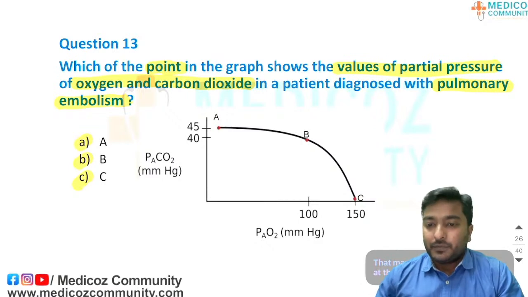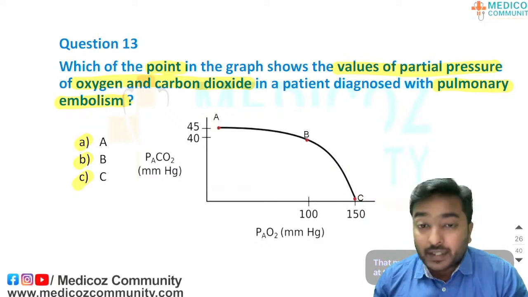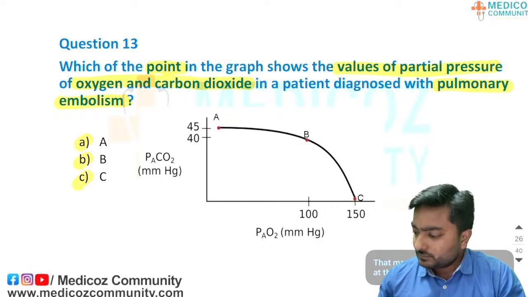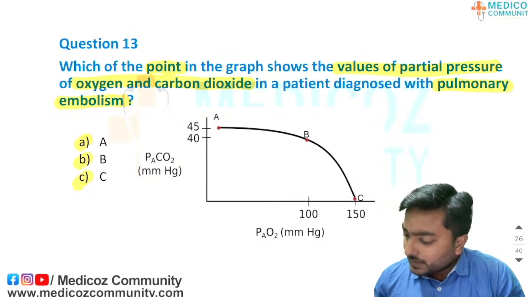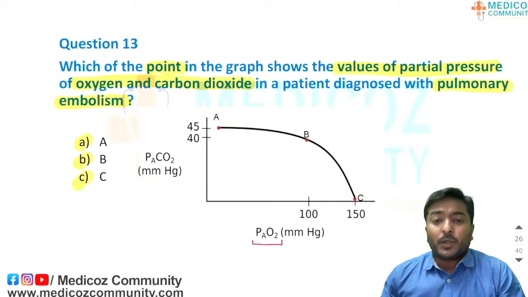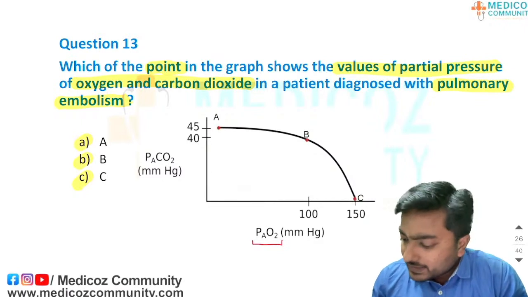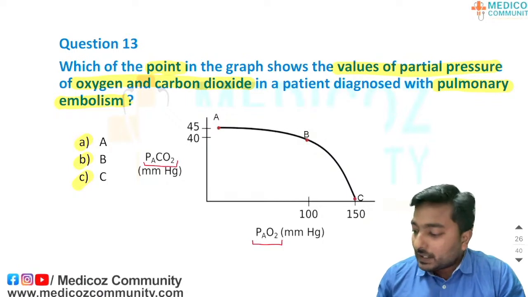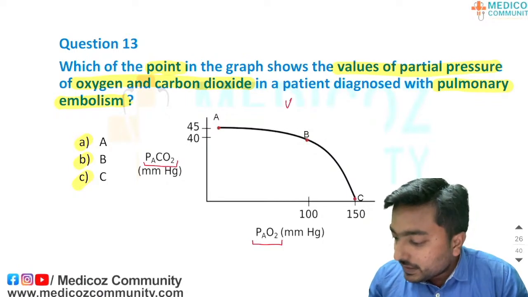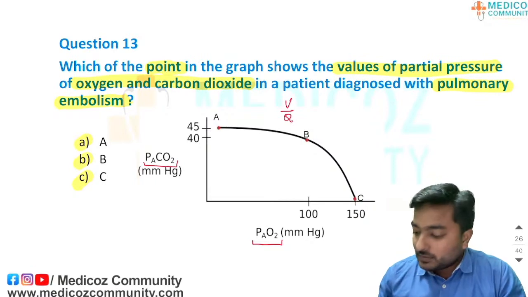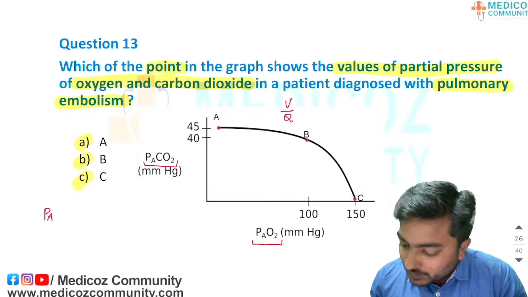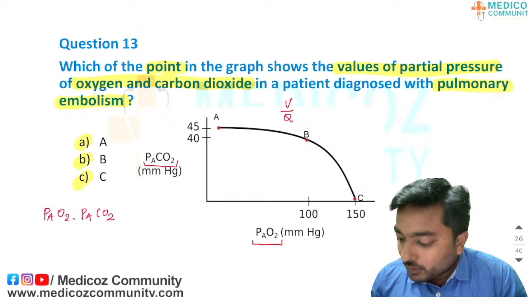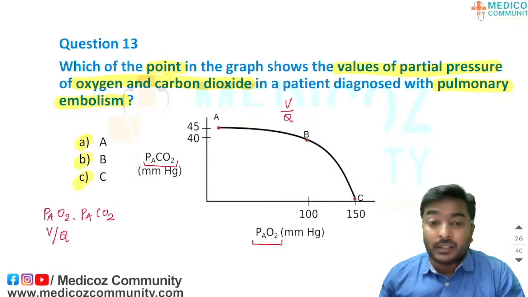Okay, before going to the answer, we should understand what this diagram or image tells us. The x-axis shows the partial pressure of oxygen and the y-axis the partial pressure of carbon dioxide in the alveolus, and this line indicates V by Q. So this graph is the partial pressure of O2 and CO2 in the alveoli with the V by Q line diagram.